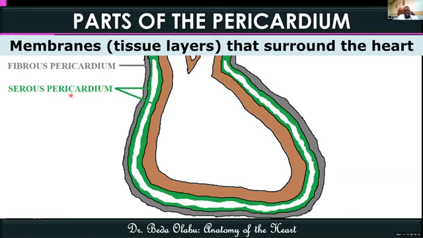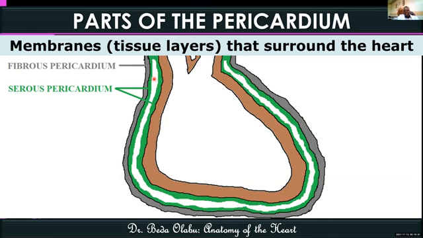Histologically, serous pericardium is a simple squamous epithelial lining. This is what we called some time back the mesothelial layer. It's the one that secretes some fluid into the pericardial cavity. Remember, it's epithelial.